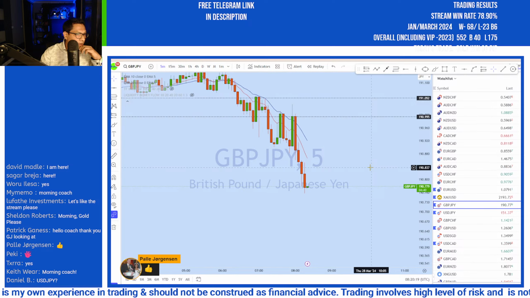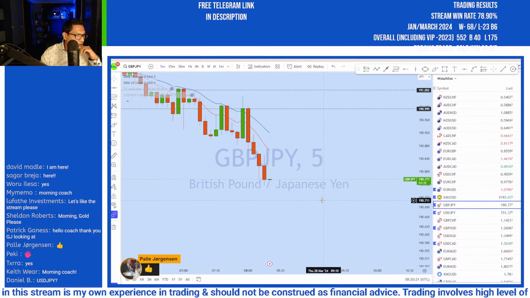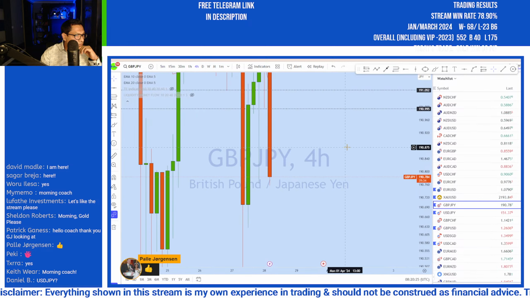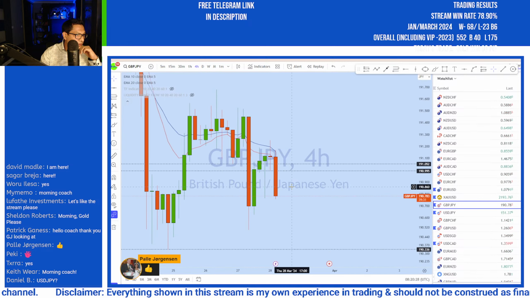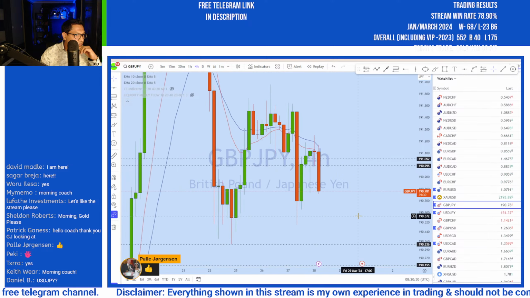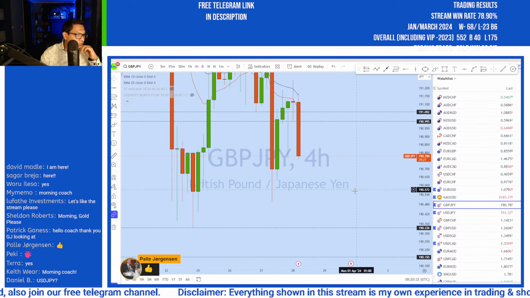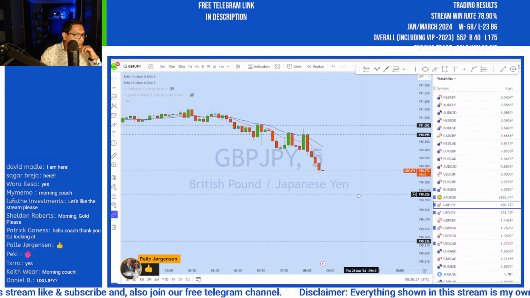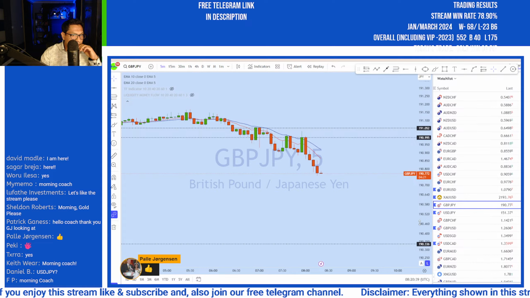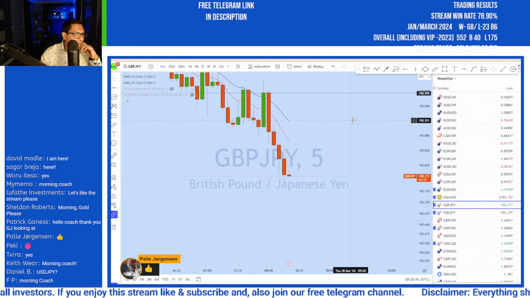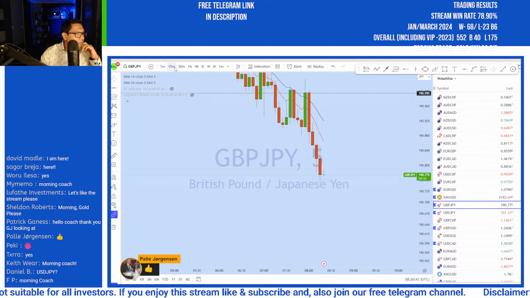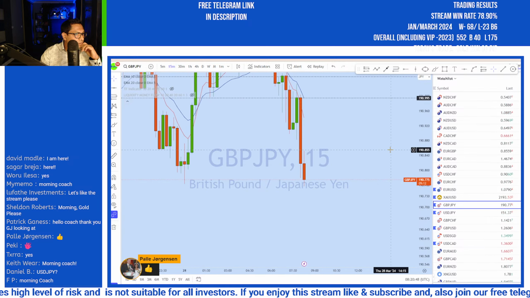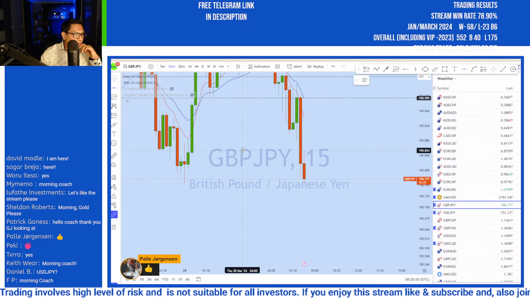Okay, so here we can see that GJ is at the moment highly bearish. Price has broken an important liquidity zone, so we might see it ultimately breaking that support level here. Drawing all those possible levels here.